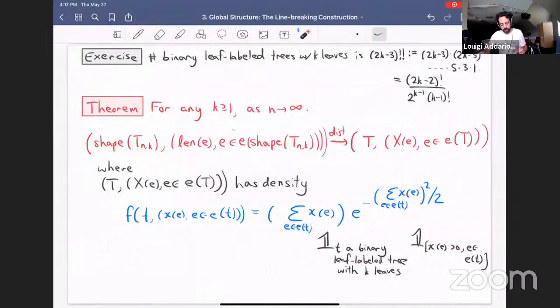Moreover, this density enforces that we only see binary trees, but it doesn't say anything else about what shape we're likely to see, which means that the shape is equally likely to be any binary tree with k leaves.